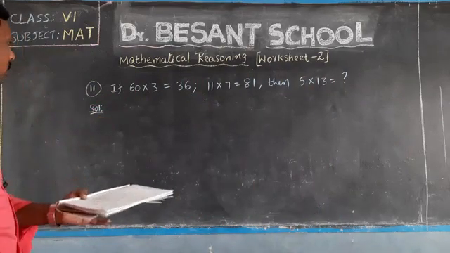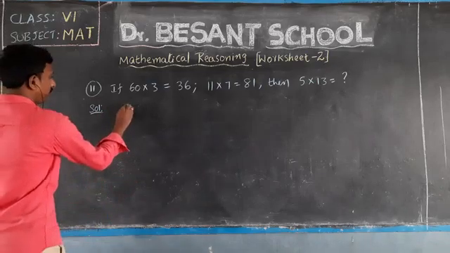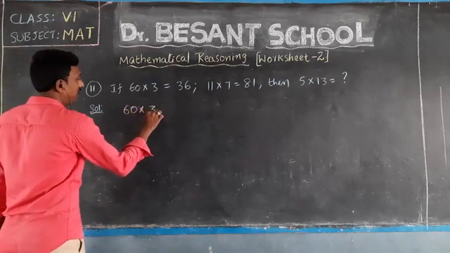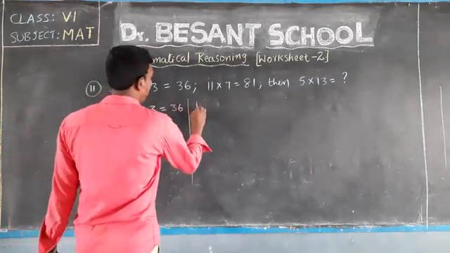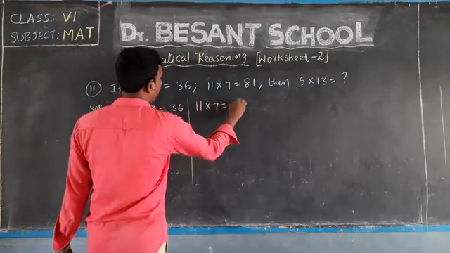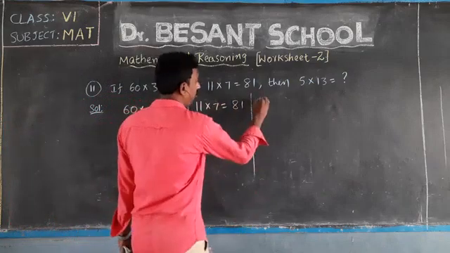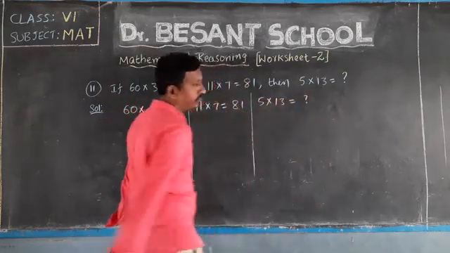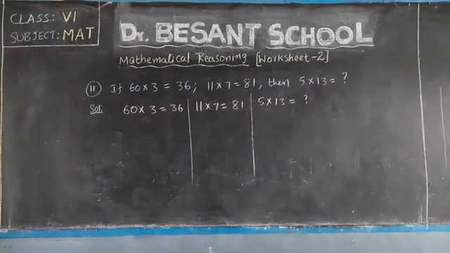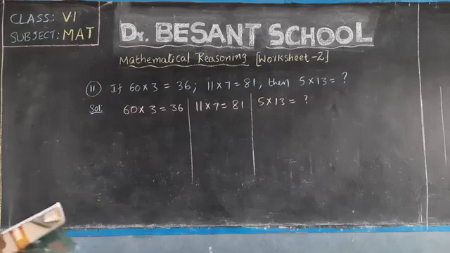Okay, so what is given here? 60 into 3 is equal to 36. 11 into 7 is equal to 81. Then 5 into 13 is equal to how much? You have to find it out.